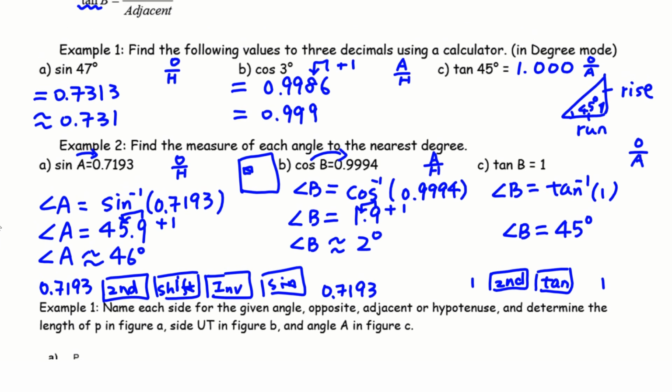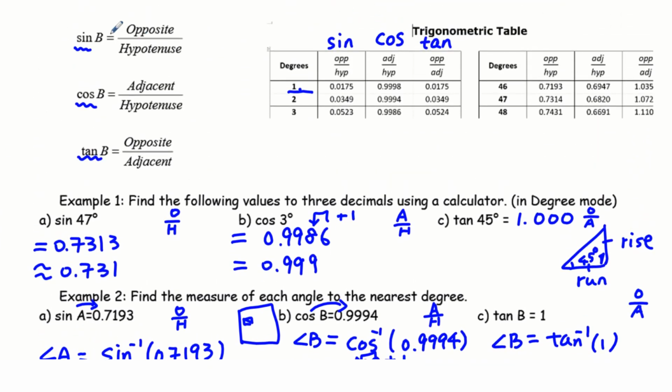And it's very important that you know which ratio corresponds to which trig function, sine, cosine, tangent: the first column, second column, and third column. And also you could use SOH, CAH, TOA to remember it.